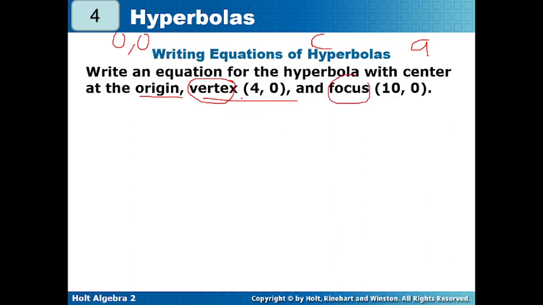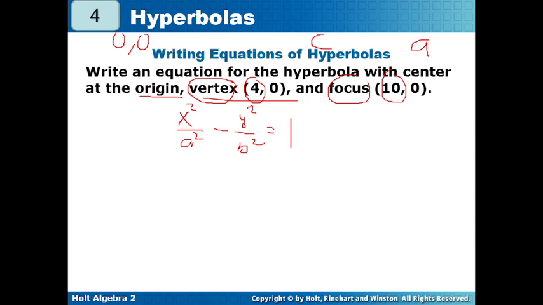If your vertices and focus lie on the x-axis, then x comes first in the equation. So it will be x squared over a squared minus y squared over b squared is equal to 1. Right, that will be your equation.